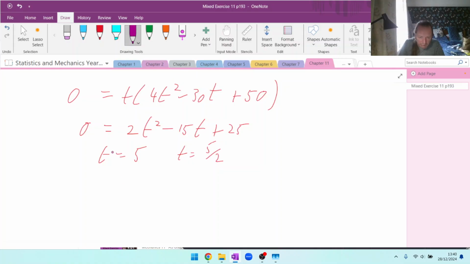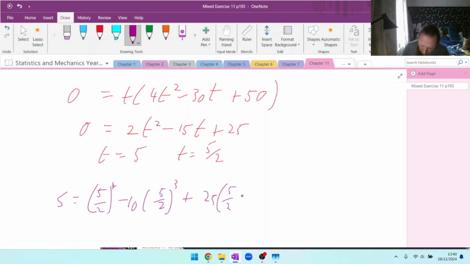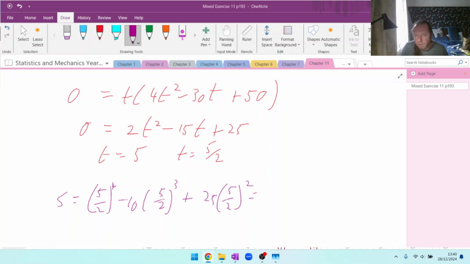So t is there, now we just need to put that in. S equals, what was the original equation? 5 over 2 to the power 4 minus 10 times 5 over 2 to the power 3 plus 25 times 5 over 2 to the power 2 equals, since I've still got the graph drawn on Desmos, I'm just going to read it off there, 39.0625.